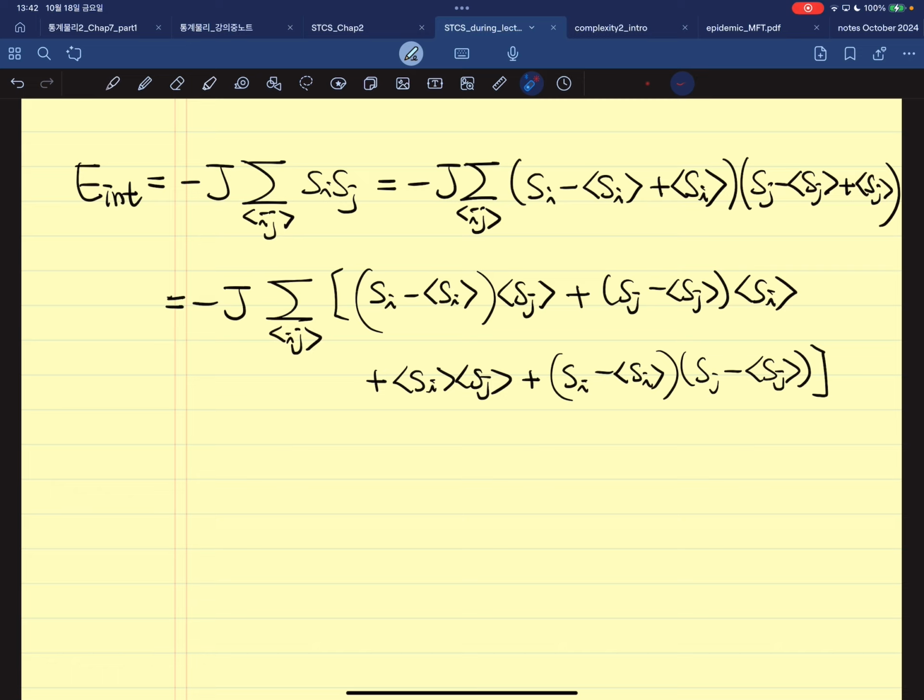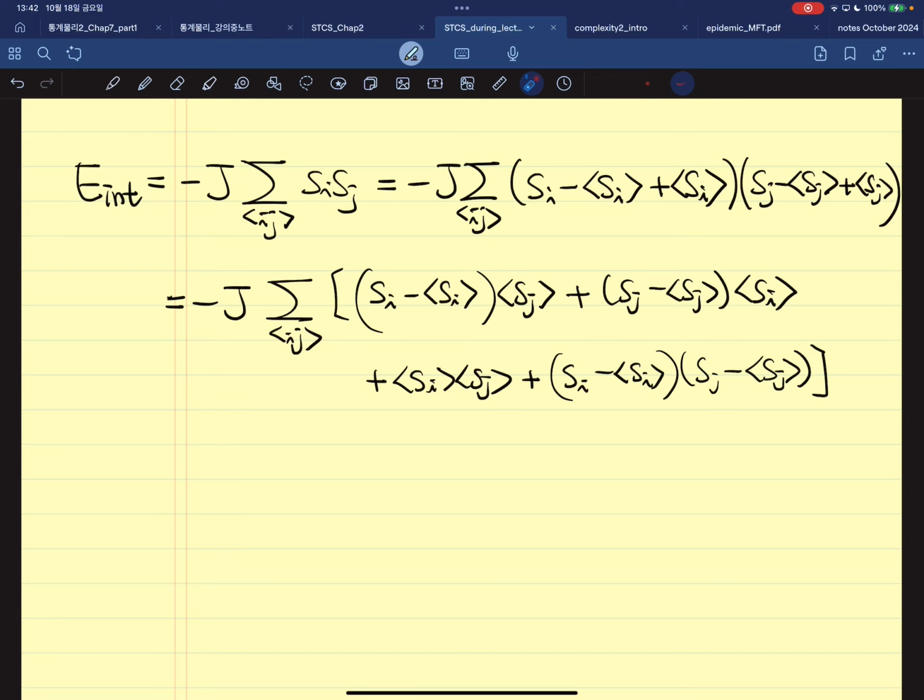The meaning here is that this is the source of fluctuation that I also introduced last week: the deviation from the average value for spin I, and this is the deviation of spin J with the reference point of the average value of spin Sj.